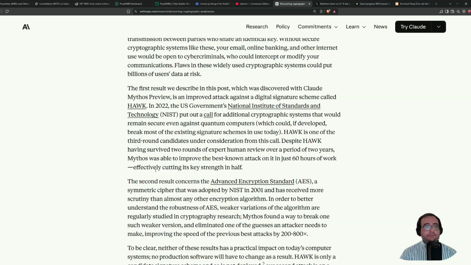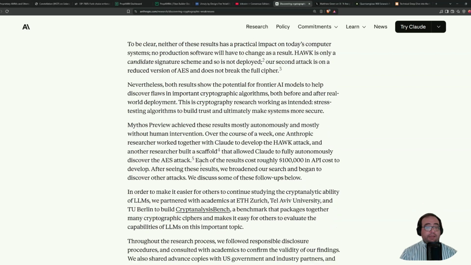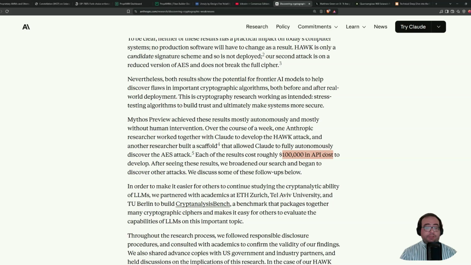The attack, or anyway this discovery, required 60 hours and $100,000 in API cost. Yeah, it's not that much compared to the impact, because people were trying to find attacks on Hawk all this time, of course also using AI. And this worked.